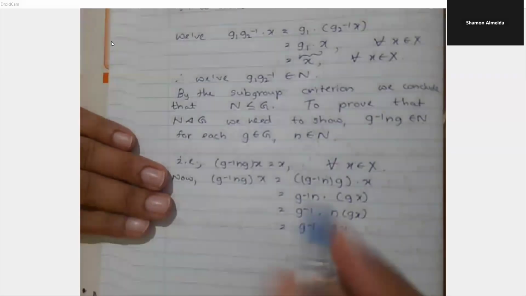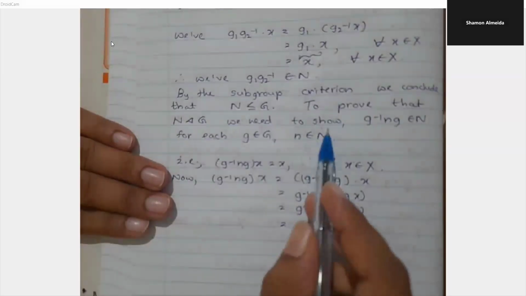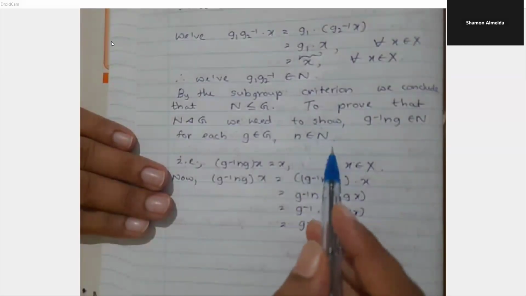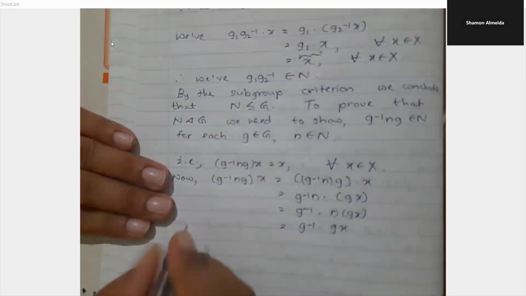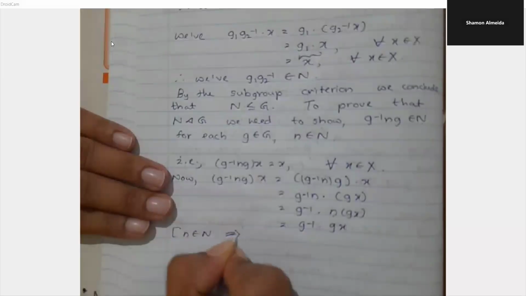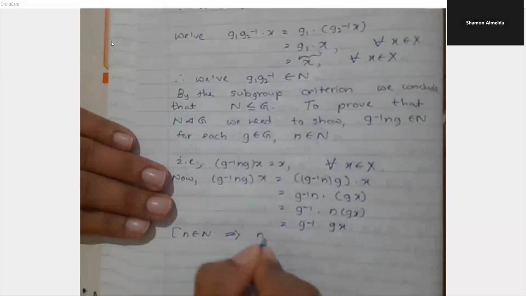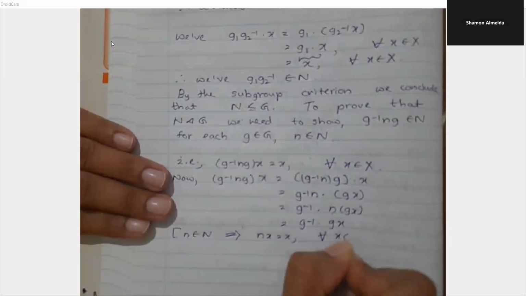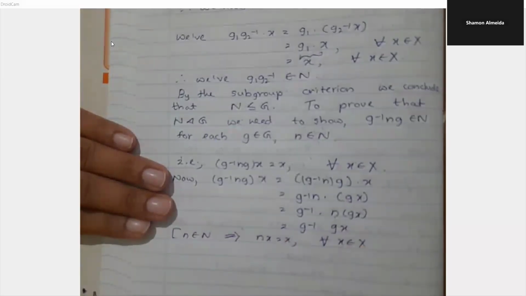Observe that this small n is taken from this group. What sort of elements do we have here? Well, n is taken from here. This implies by definition, nx is equal to x for any element that you take from the set.